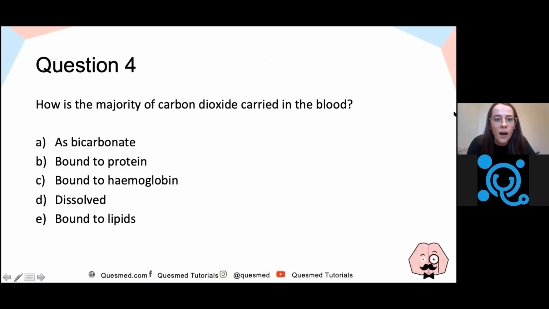Okay, so next question. How is the majority of carbon dioxide carried in the blood? Is it A, as bicarbonate, B, bound to protein, C, bound to hemoglobin, D, dissolved, or E, bound to lipids?